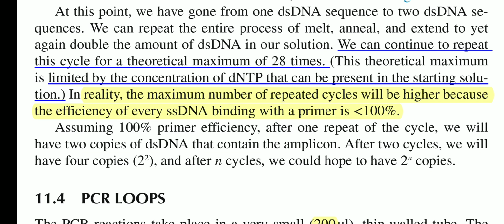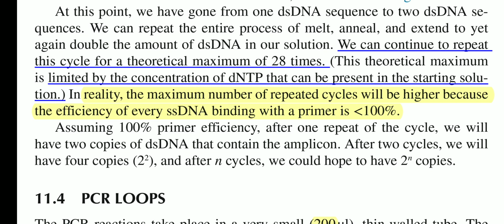But in reality the maximum number of repeated cycles will be higher. And why? Because of the efficiency: if all those small DNA were able to bind their primer, they would all be replicated exponentially. But is that possible?